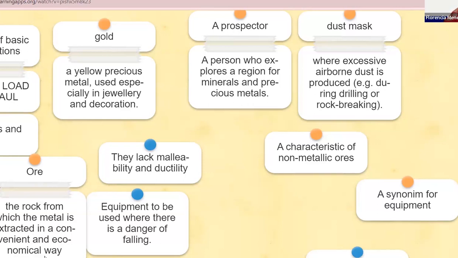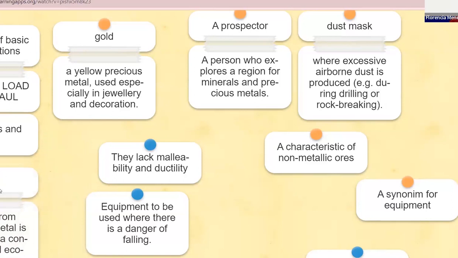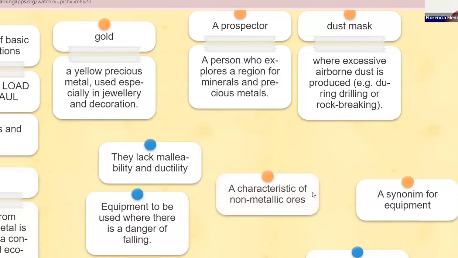It's not just because we need to extract that mineral just because. The idea is that there is an economic interest in order to extract that kind of mineral. So that is when we talk about ore. Perfect. Caro, what about a characteristic of non-metallic ores?